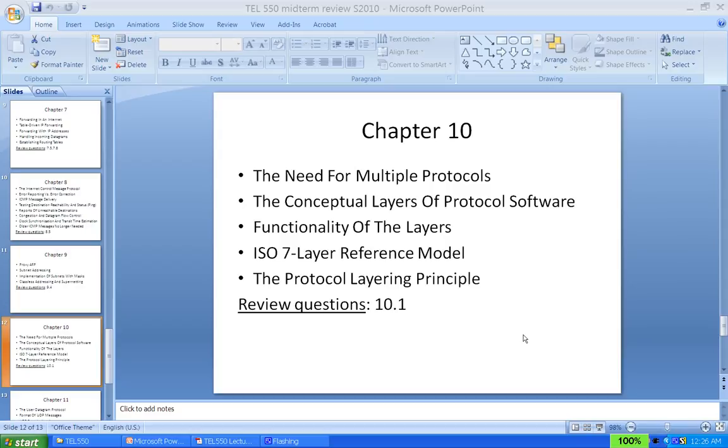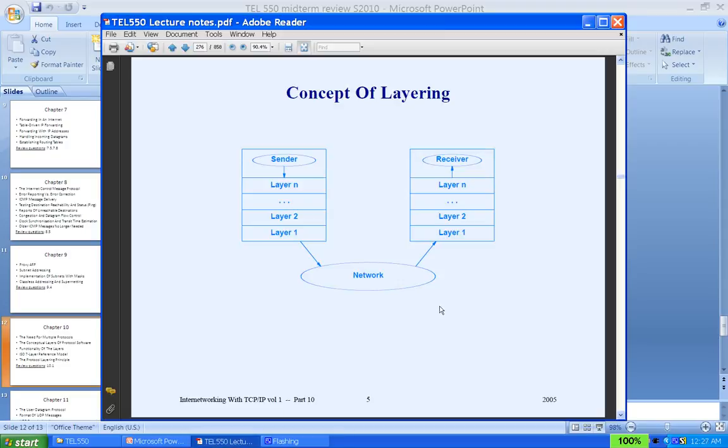In this case, if any module needs to be updated, we do not have to do a complete overhaul, just update that certain module.